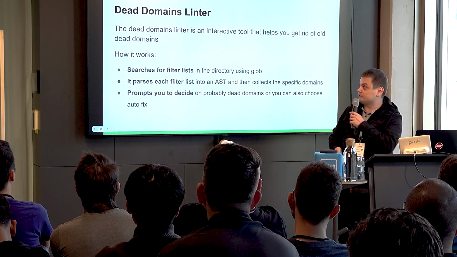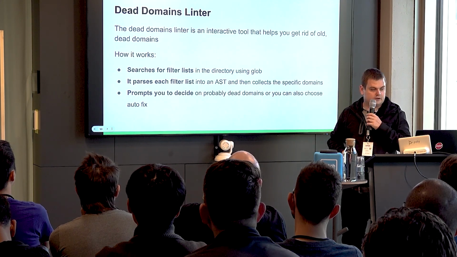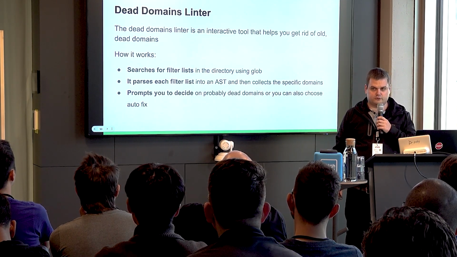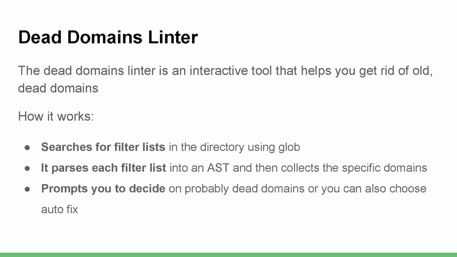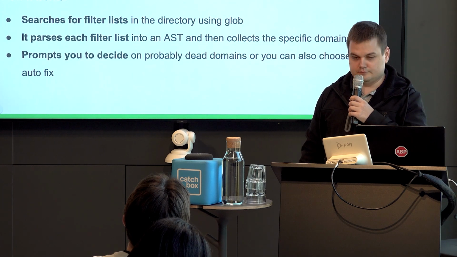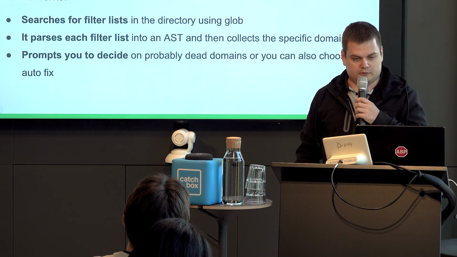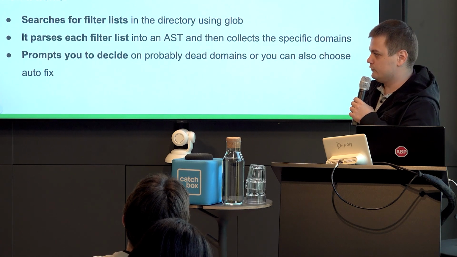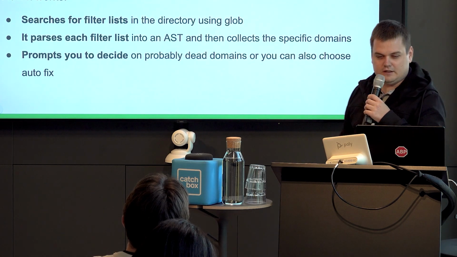Now, for the dead domains. Over the years, certain filter lists have grown too big, making it essential to identify outdated rules that are no longer needed. A typical example of this is a domain that is no longer in use, so it's dead.